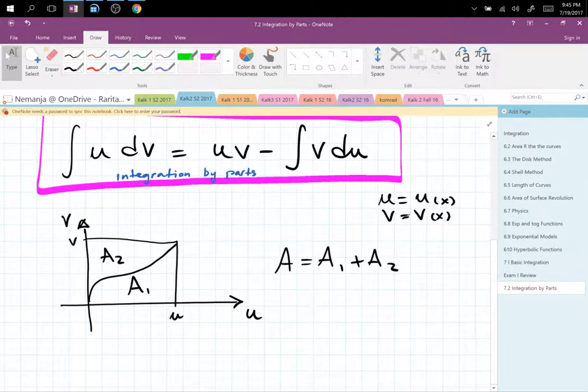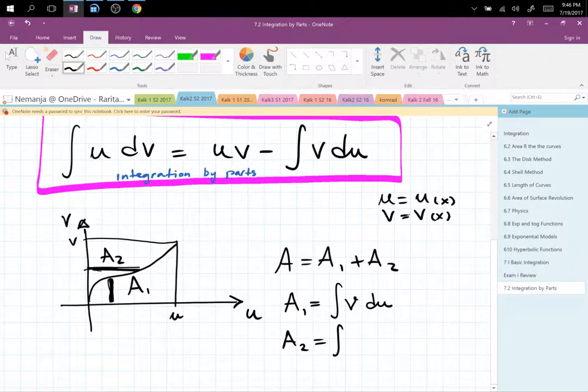So if you observe, you can calculate the area of A1 by looking at the representative rectangle du. So area A1 is going to be integral of function v du, because du is the variable there. And A2, if you look at the horizontal, which will be dv in this case, is integral of u dv.